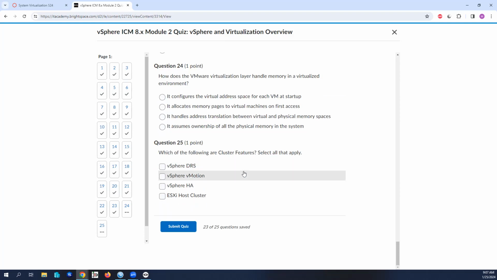How does the VMware virtualization layer handle memory in a virtualized environment? What do you think?